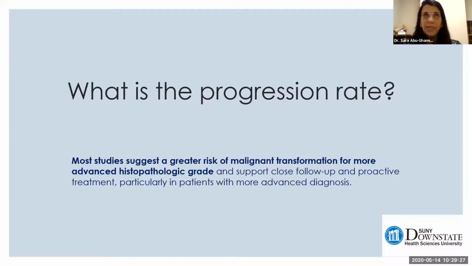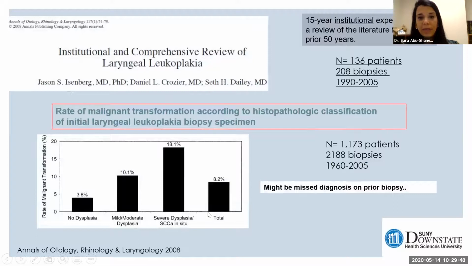Next, the question is, okay, I found something on the pathology. What is the next step? And what is the risk of it progressing to invasive cancer? Most studies show a greater malignant transformation with advanced histopathological or dysplasia grade. The same paper looked at malignant transformation for each dysplasia grade.